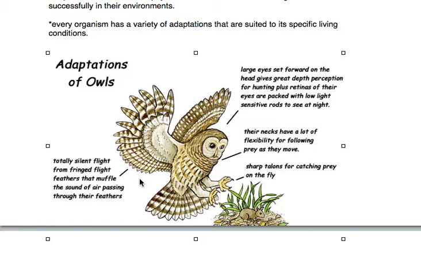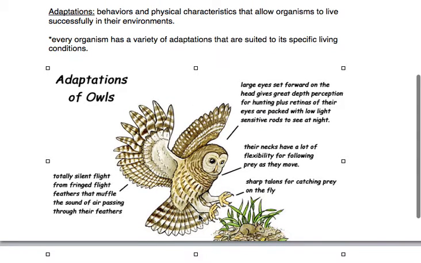The feathers are really, really soft. It says totally silent flight from fringe flight feathers that muffle the sound of air passing through their feathers, which is really, really cool. So those are the adaptations of an owl, and those are the behaviors and physical characteristics that allow them to live successfully. Does that make sense, girls?